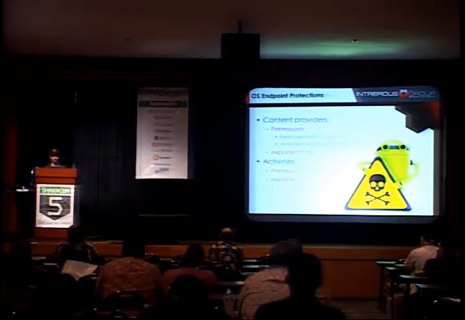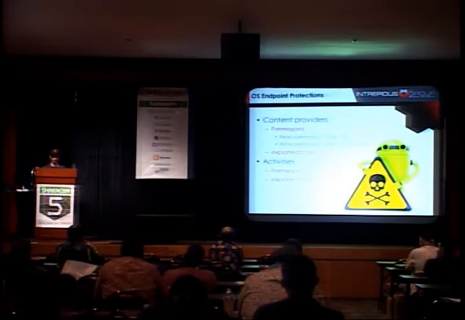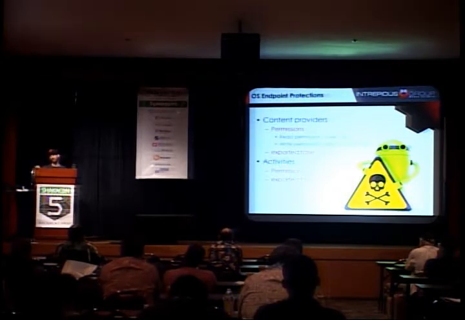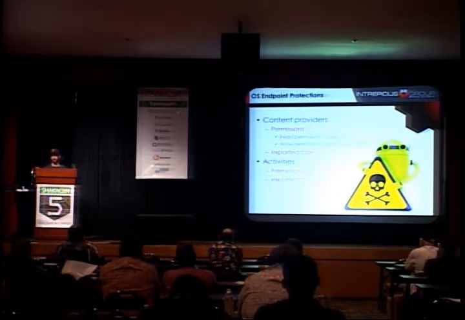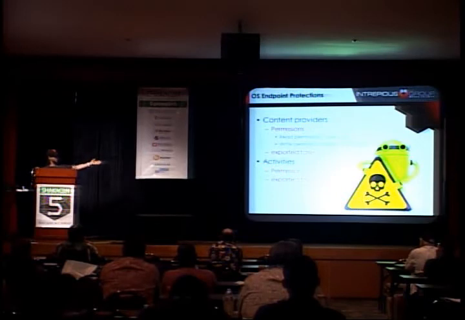Content providers. Here you can specify a little bit more granularity. You can specify read and write as two separate permissions. So people can read the database, and then if you have another permission, you can write to the database. And you can also say exported equals false for these. And then activities, same story. You can set a permission on it. You can set exported equals false.